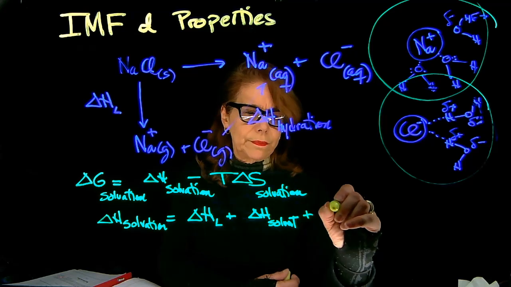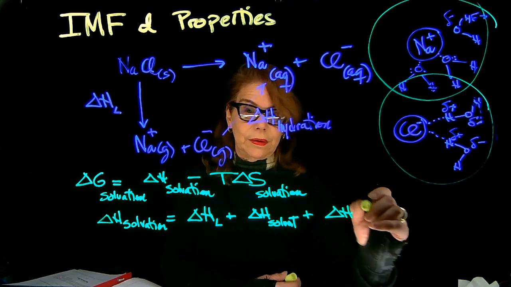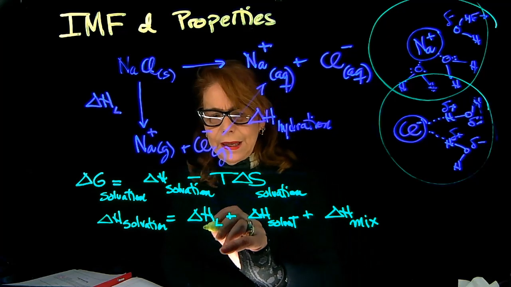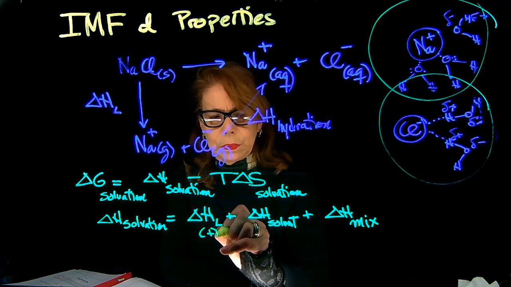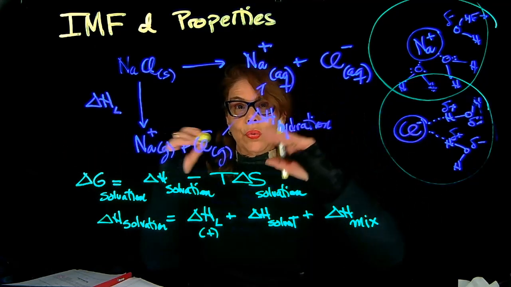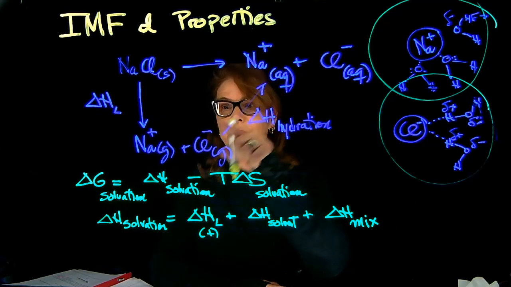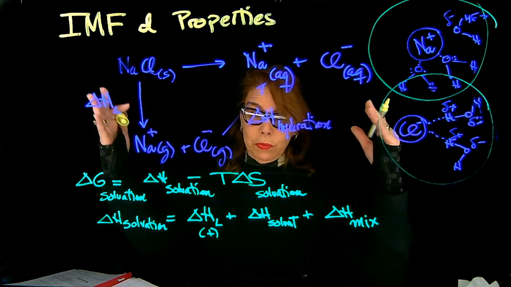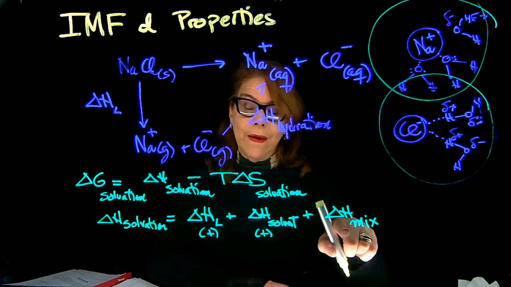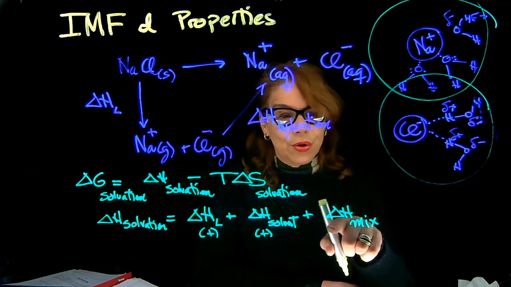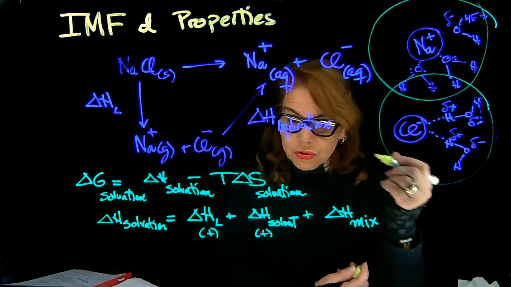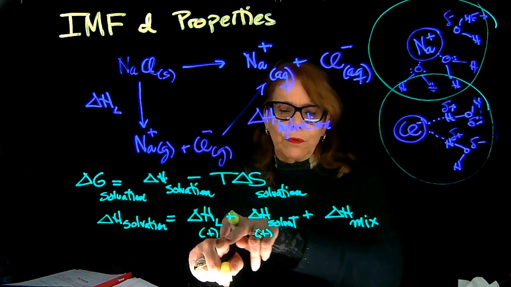And now I'm going to have the change in enthalpy of the mix. Typically I need to add energy here, so this is going to be a plus sign. Breaking intermolecular forces between the solvent itself, say water with water, is also going to have a plus sign, so endothermic. And this term varies. When you mix, more energy is released, so compensating for that.